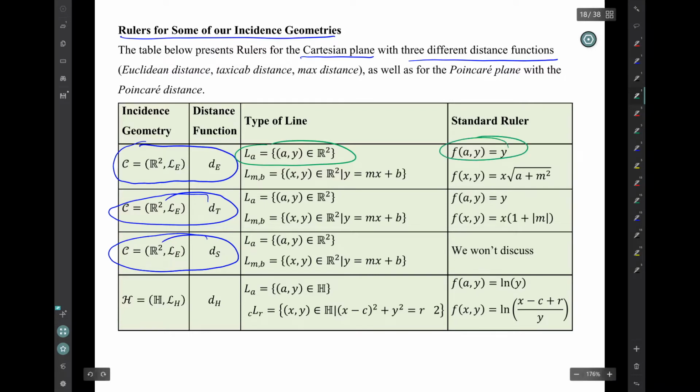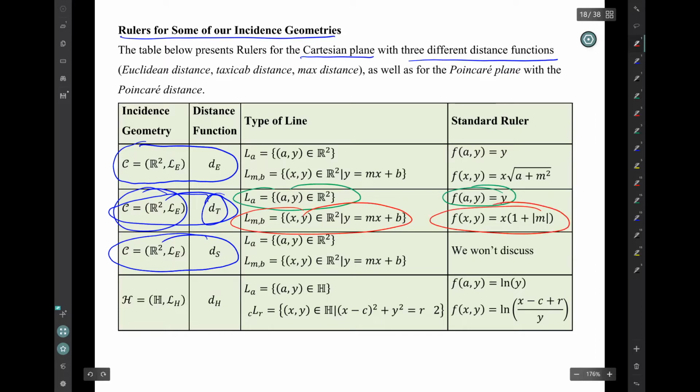That's that function. And I have to show that for non-vertical lines, there's a ruler that works for them. That's that function. For the Cartesian plane with the taxicab distance function, I have to show that there is a ruler that works for vertical lines. It's that function. And I have to show that there's a ruler that works for horizontal lines.